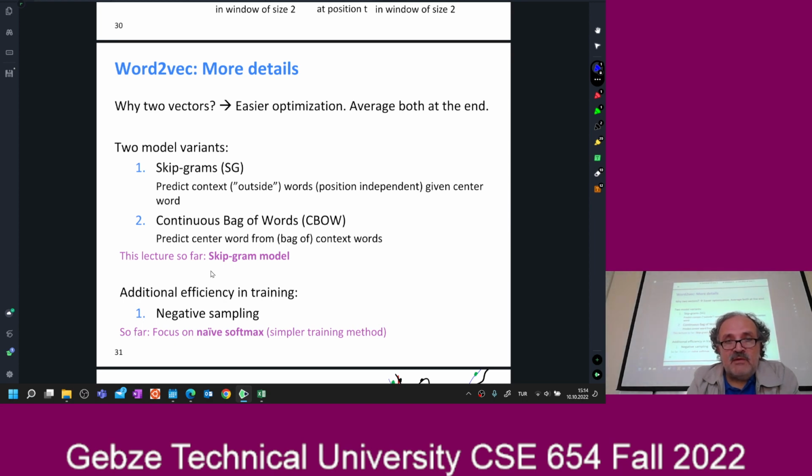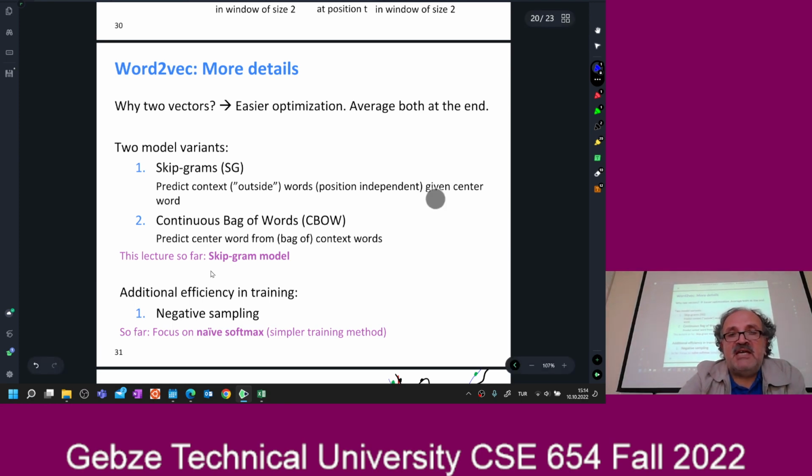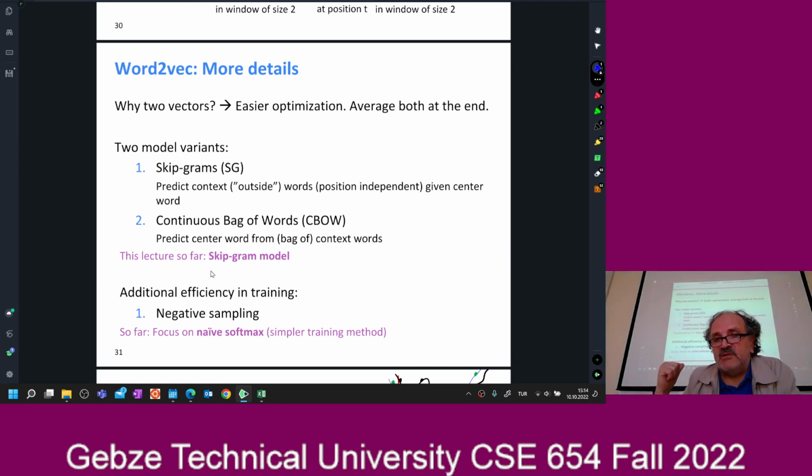So far I told you the skipgram model. Remember, given the center word, what is the probability of the outside word? We can just do the opposite: given the context word, what is the probability of the center word? That is my continuous bag of words.